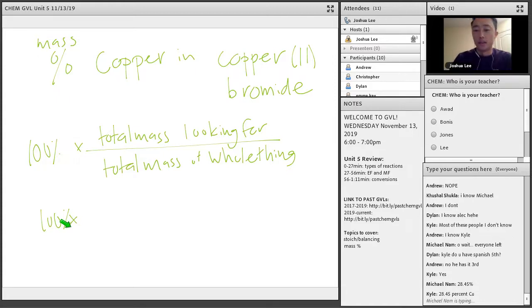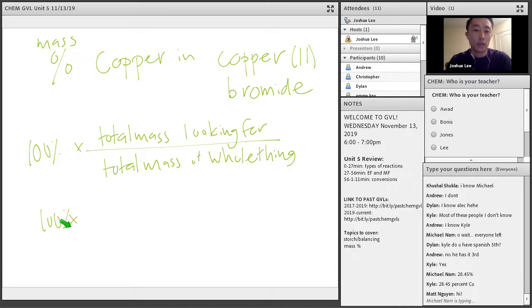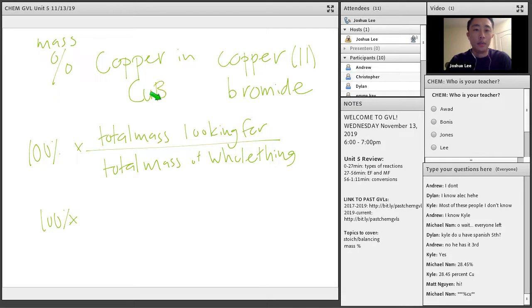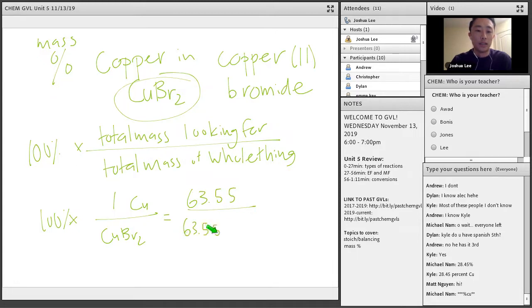All right, let's go over this. Total mass looking for. So we're looking for copper. So hopefully you guys know that it's CuBr2. There's only one copper. Copper is 63.55 divided by 63.55 plus bromine is 70.90 plus 70.90.